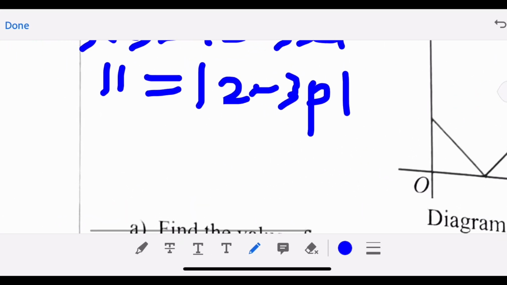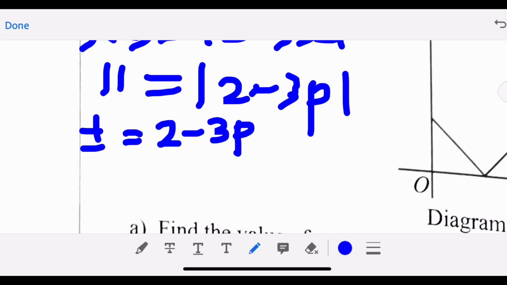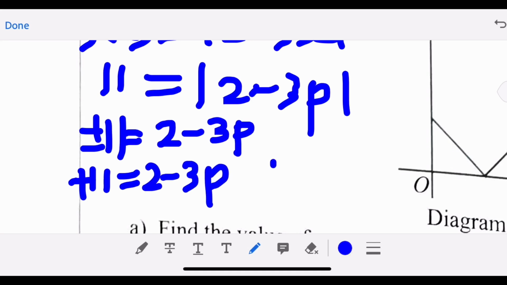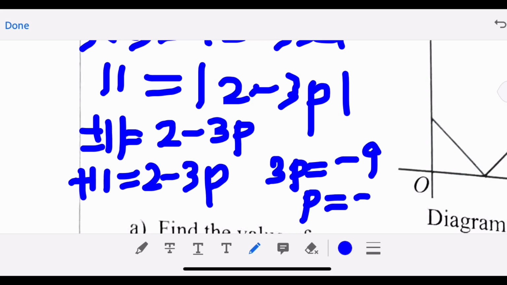Okay, so now when you solve the modulus, you must remember that you have to put plus and minus. Then you can solve the modulus, meaning you can throw away the modulus. So now you must split into two equations because you have two possible values of 11, which are plus and minus.